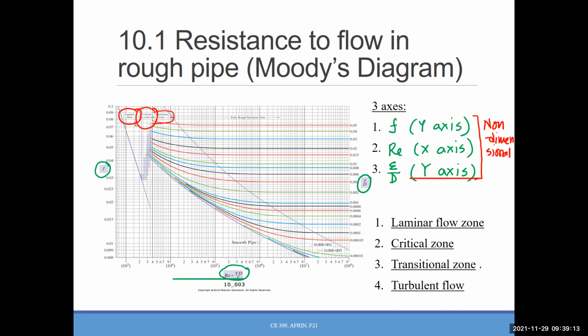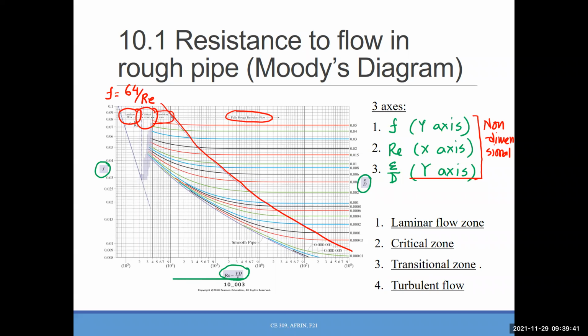That means flow is transitioning from one type to another, and that's why this zone is the transitional one. And after that, from this line, you have what? Fully rough turbulent flow.